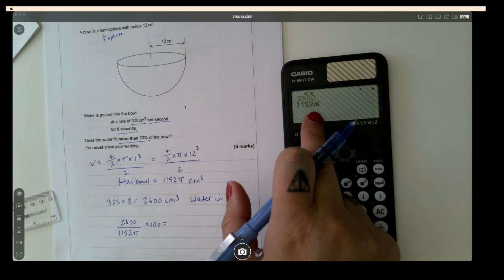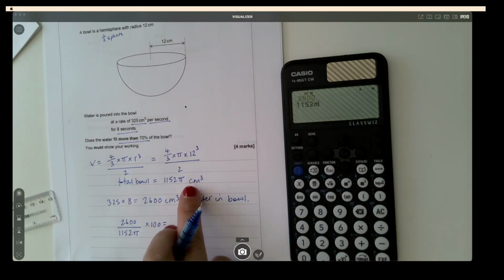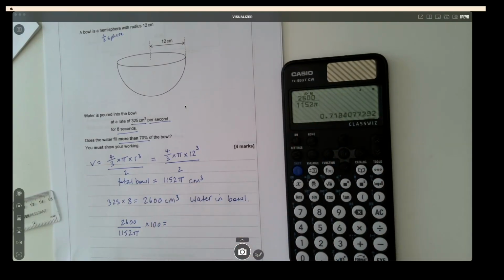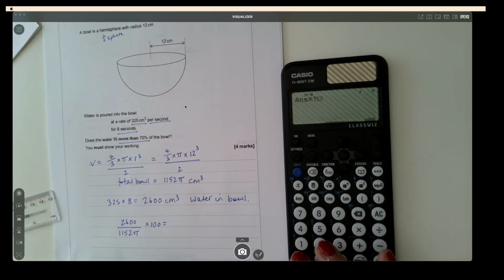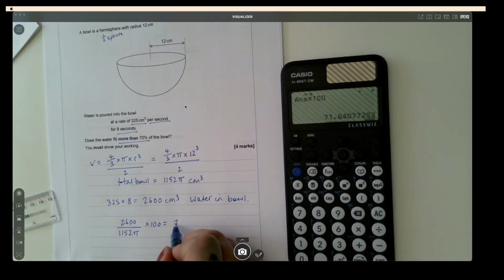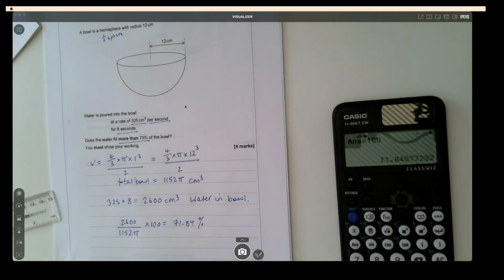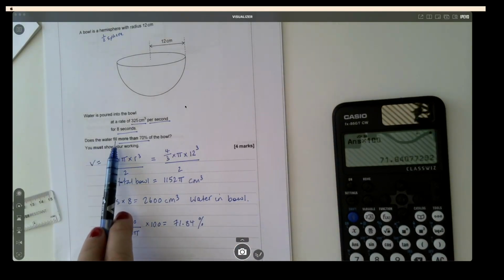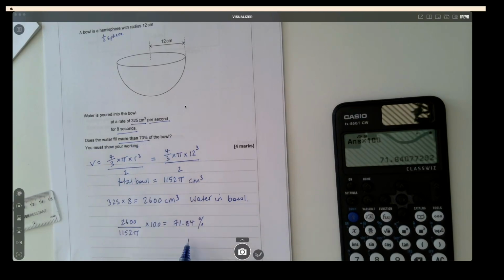See, that was why it was miles easier to not write that as a decimal at that point. And then times it by 100. So we have 71.84%. Let's go back to the question. Does the water fill more than 70% of the bowl? 71.84 is greater than 70%. So let's put nice and clearly, yes.